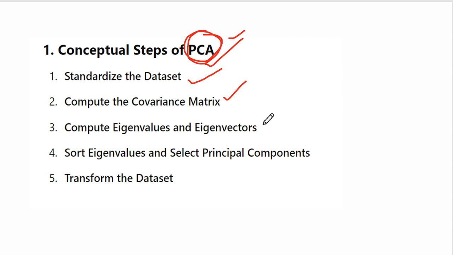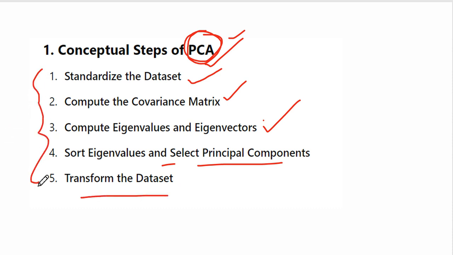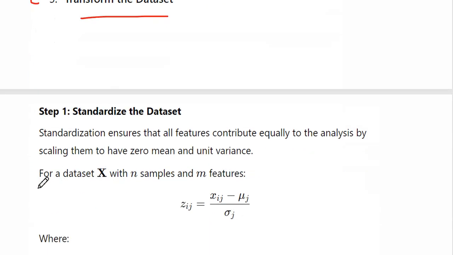Then we find the eigenvalues and eigenvectors. Then we sort the eigenvalues, select the principal components, and transform the data set. These are the 5 steps we follow to find the principal components. Let us start understanding them one by one.